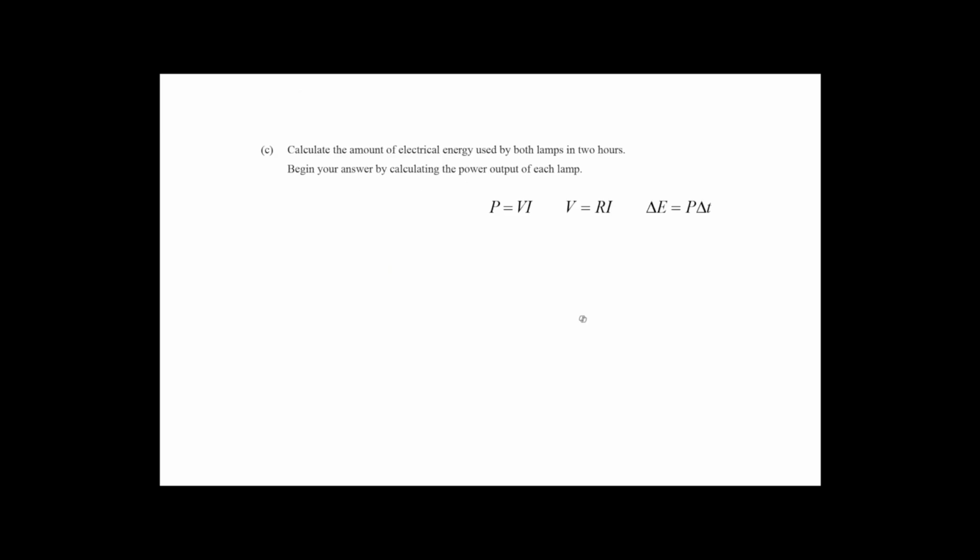The next question requires a bit of algebra. You remember at the beginning it gave us these equations, and we're going to need to use them to answer this question. So calculate the amount of electrical energy used by both lamps in 2 hours. So that's not an SI unit, hours. Begin your answer by calculating the power output of each lamp.